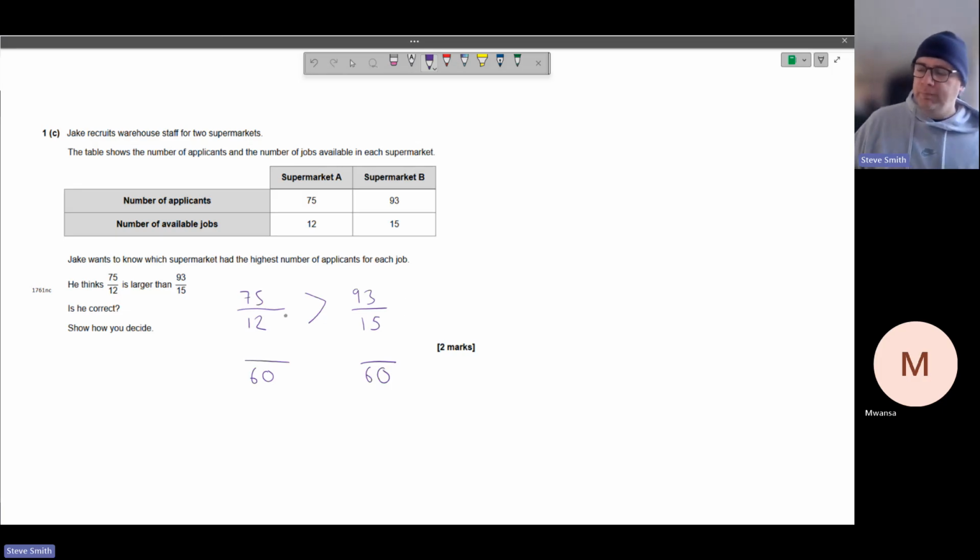You can sometimes, like we did on the one above, just multiply those two together to find the denominator, but that means you're timesing these by bigger numbers. We've worked out that 60 is part of both the times tables, 4 times and 5 times. We multiplied that one by 5 to get there, so we need to multiply this one by 5 to get there.